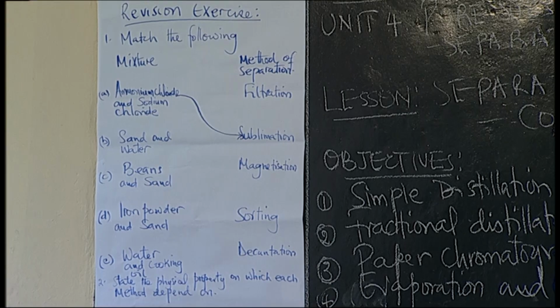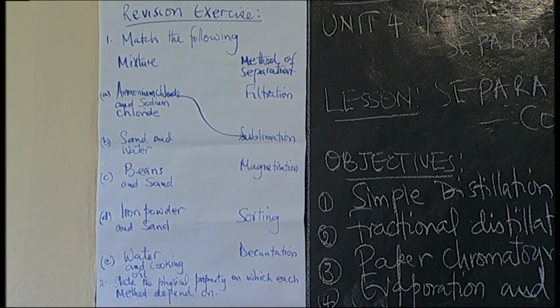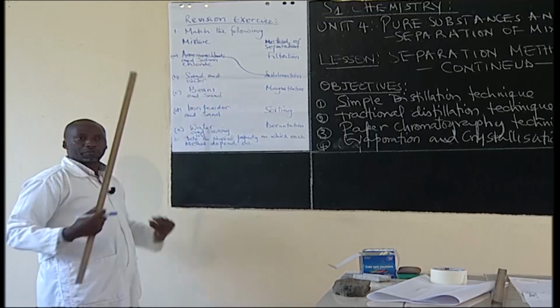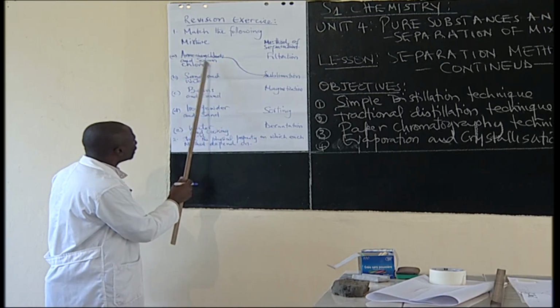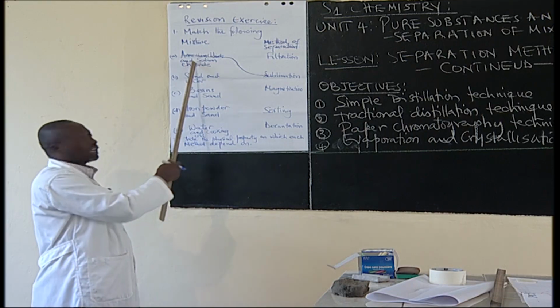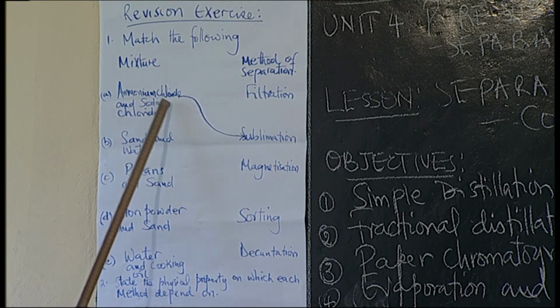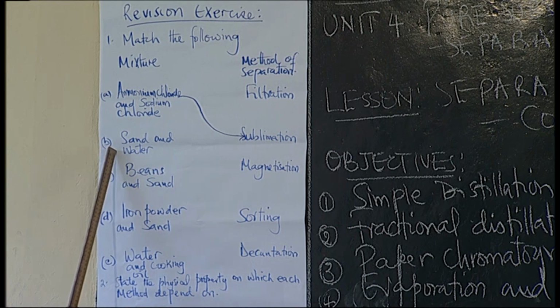If you remember what we talked about with sublimation, a substance is able to change from solid into gas without passing through the liquid state. So in this case, ammonium chloride sublimes and sodium chloride remains behind. That is why we are choosing sublimation as the method to separate ammonium chloride and sodium chloride.